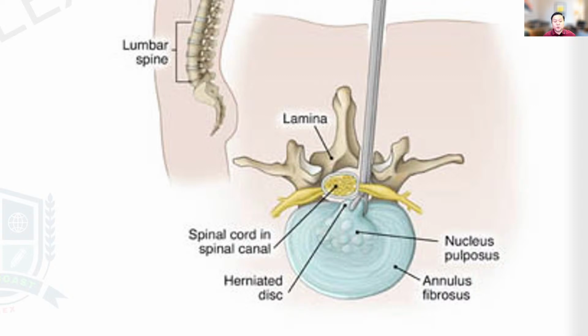This is going to involve the insertion of a needle under fluoroscopic imaging, and this is going to really guide the insertion. It will be much more targeted directly into that area.